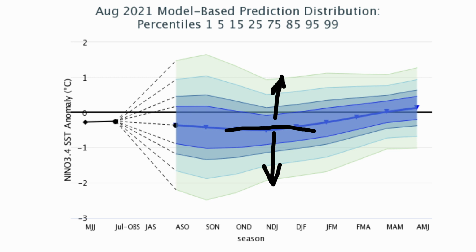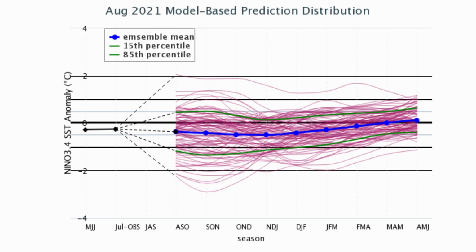It looks like even if it is technically an ENSO neutral, it'll probably still have similar effects to what we see from many La Ninas. If we look at, again, that model-based prediction and look at the individual squiggly lines there, or the spaghetti lines, whatever you want to call them, you can see that the majority of them, and again, it's hard to see, are going to be below that threshold for seeing La Nina.